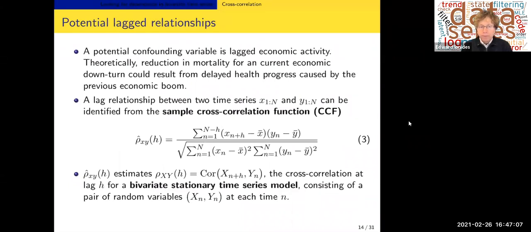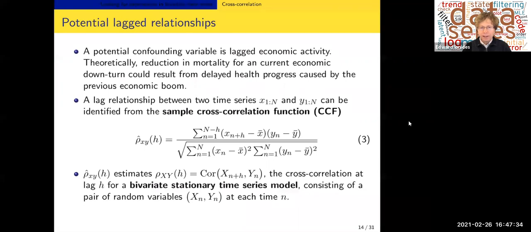Okay, so another potential confounding variable is lagged economic activity. Let's think how that would work. So we found a possibly slightly counterintuitive relationship that high unemployment is associated with gains in life expectancy.